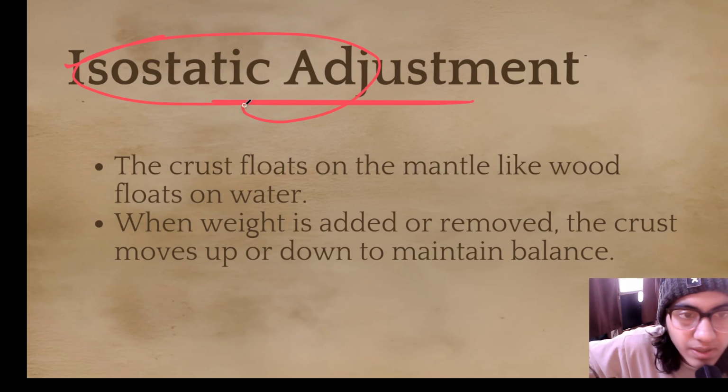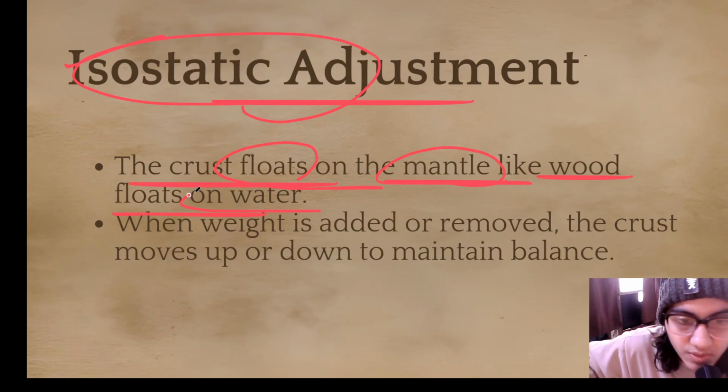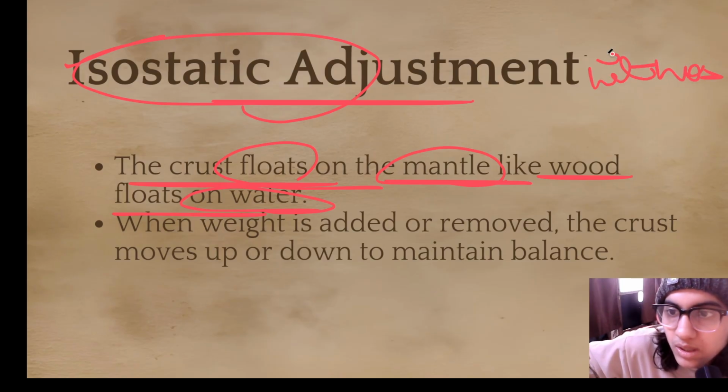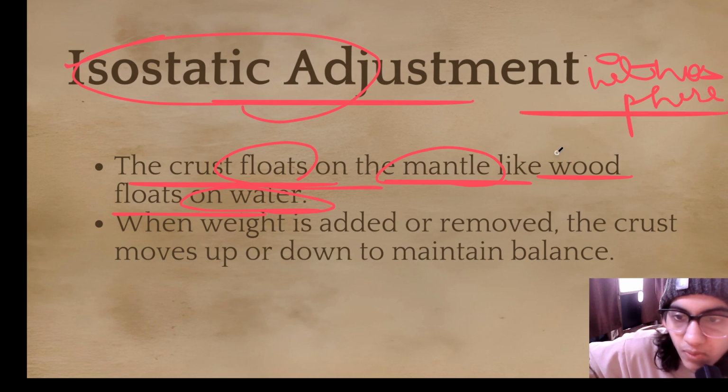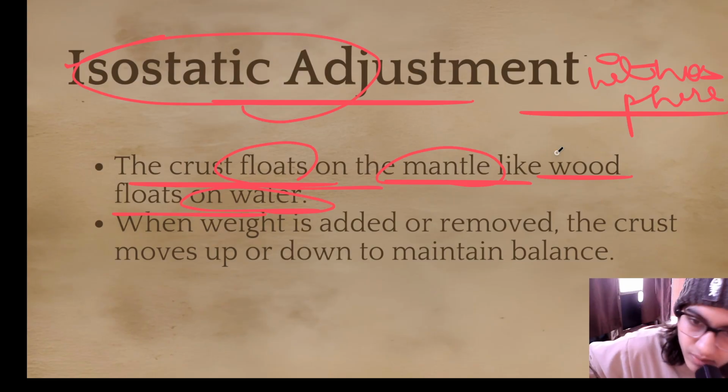Isostatic adjustment: the crust floats on the mantle like wood floats on water. We know that we have the lithosphere and the asthenosphere. The lithosphere contains the crust, and that crust floats on the asthenosphere, we can say the mantle.